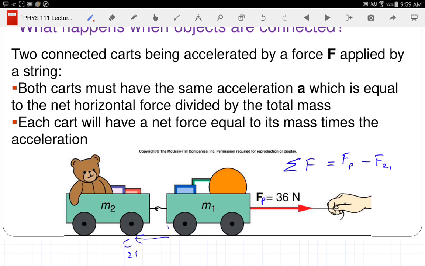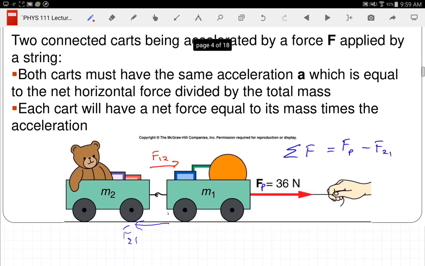Horizontally only. The force of cart 1 pulling on cart 2. Notice one was F12, one was F21. Those are Newton's third law pair. Force of one acting on the other is equal to the force of the other acting on it, but in opposite directions. So we know that force 1,2 has to be the same magnitude as force 2,1.